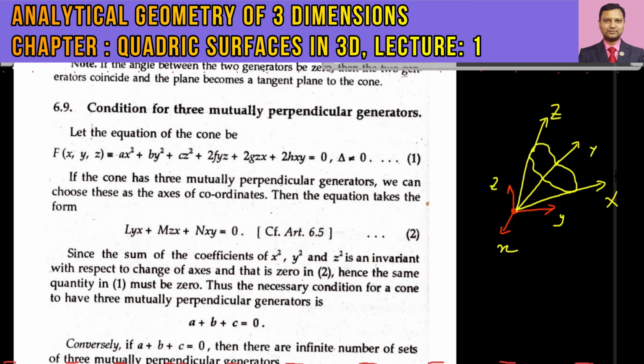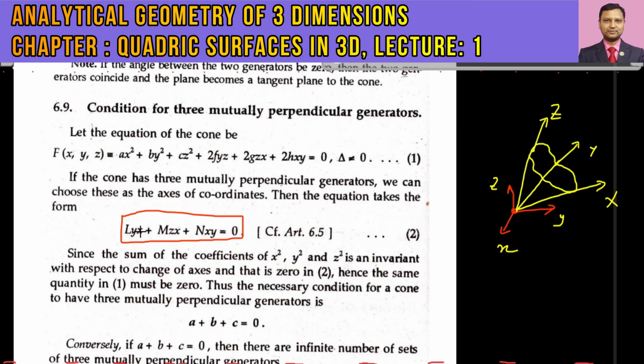It will be converted into an equation in which the coordinate axes, capital X, capital Y and capital Z, are the generators of the cone. And we know that in that case, this would be the expression of the cone after rotation in terms of new coordinates.